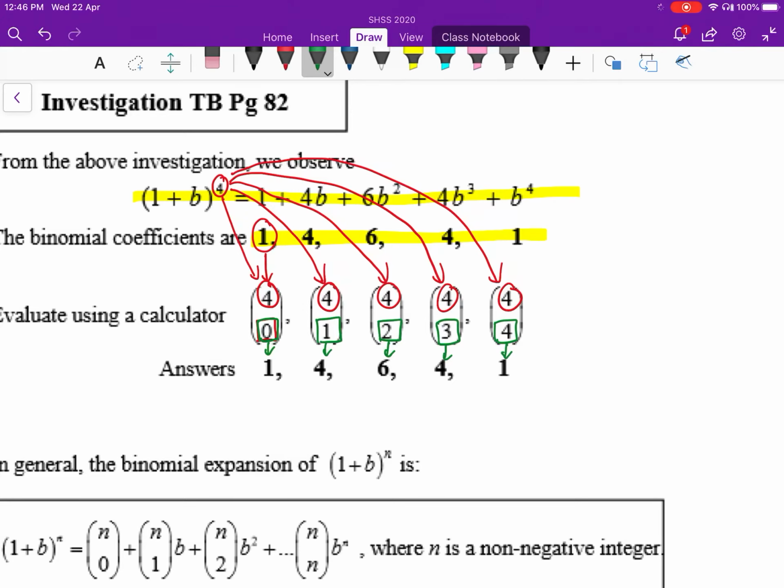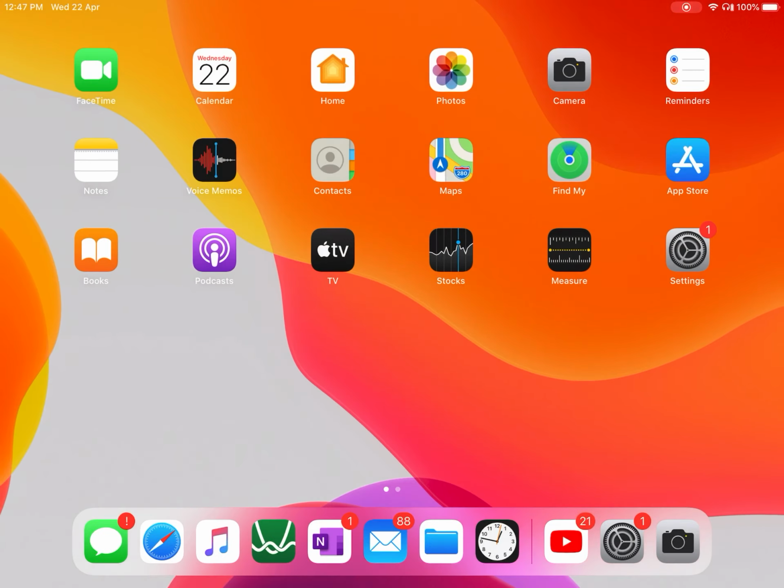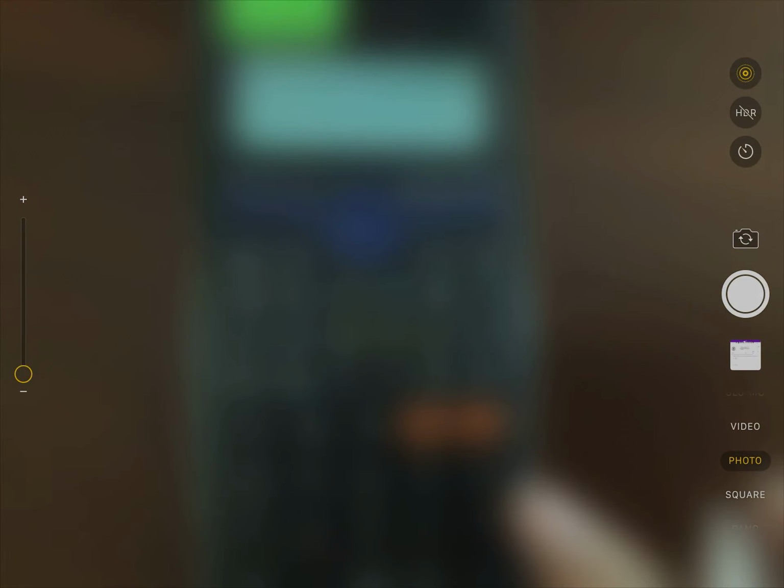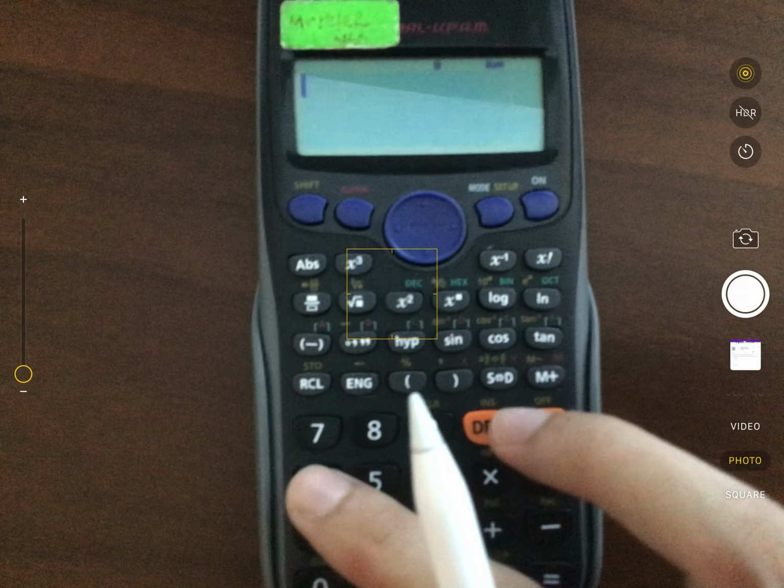Okay? So how do you key in, for example, I want position 2? How do you key in 4, 2? Like this. When we write it as 4, 2 like this, on your calculator, we press it as 4C2. Okay, so how do we press? On your calculator, you press the number 4.